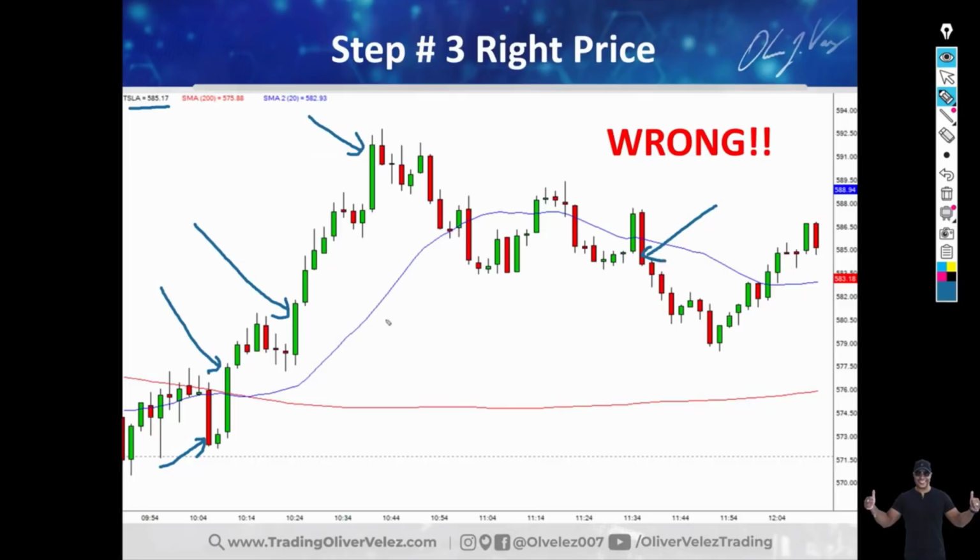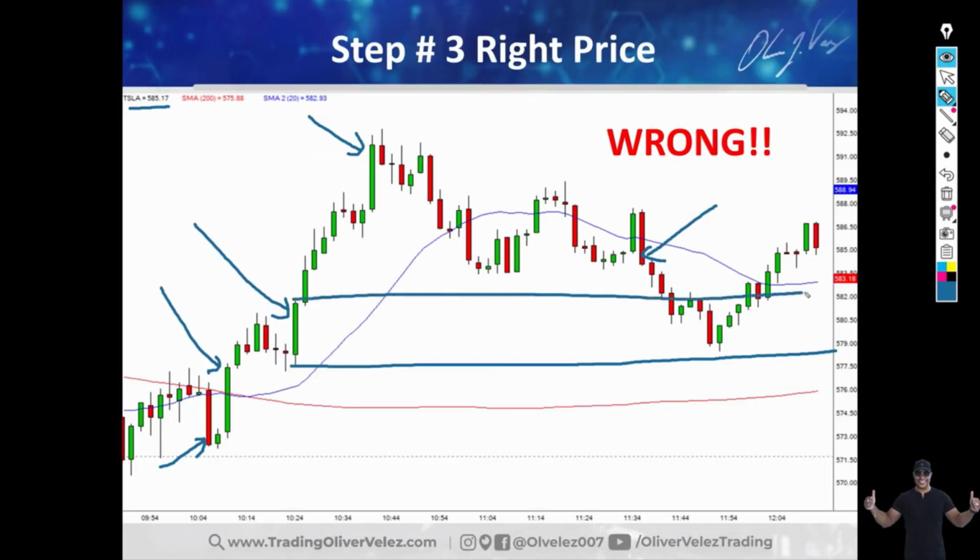Now, if we take a look at these bars, let's zero in on this one, and I want us to judge what's the range of this bar. So this is more or less 579 at the low, and then at the high, we are more or less 582, 583.